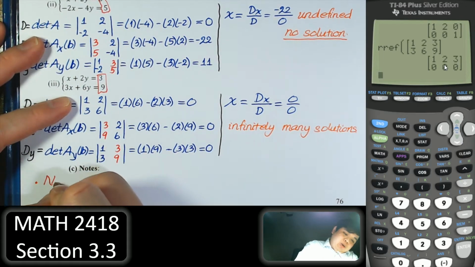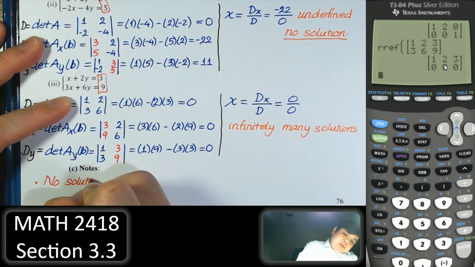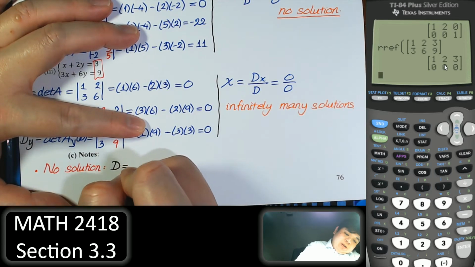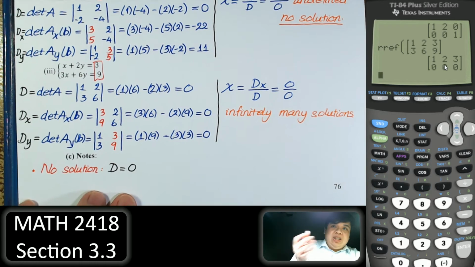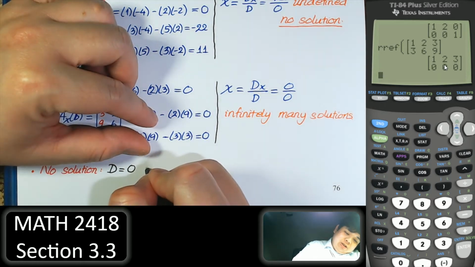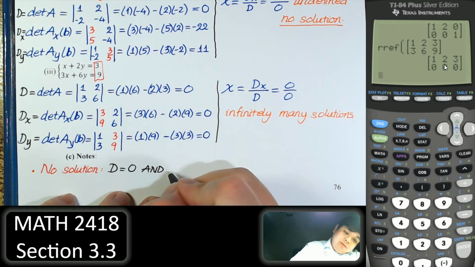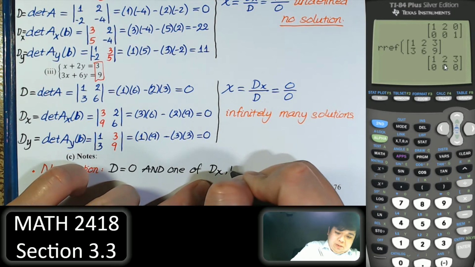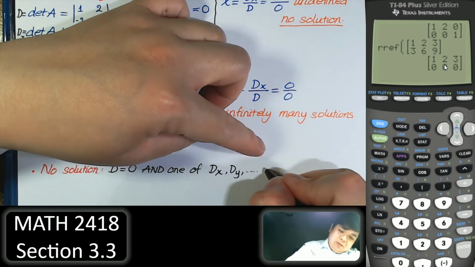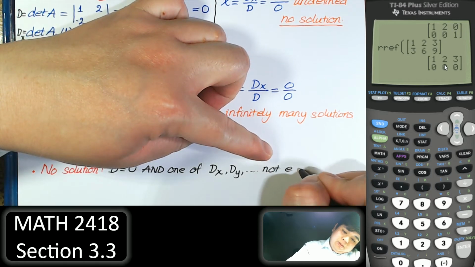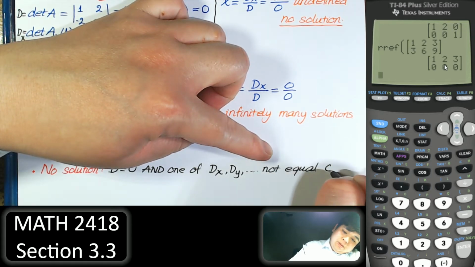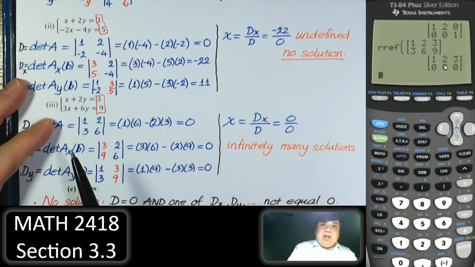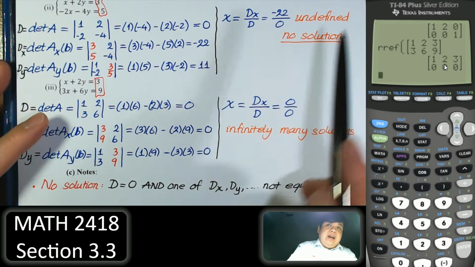When we have no solution, we have d equal to 0, and one of the dx, dy, and so on is not equal to 0. So what we have here, the determinant d is equal to 0, but the dx is not, and we have no solution.